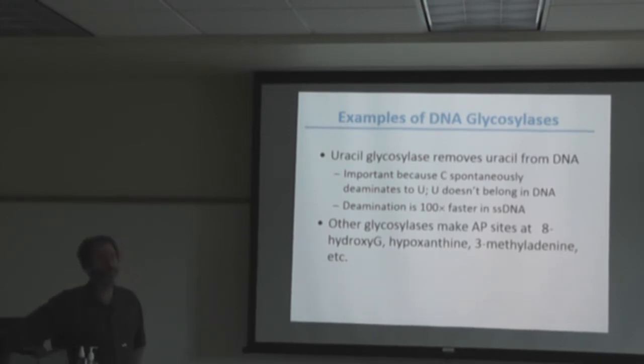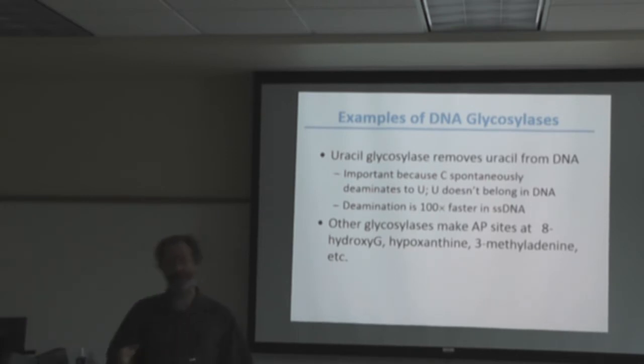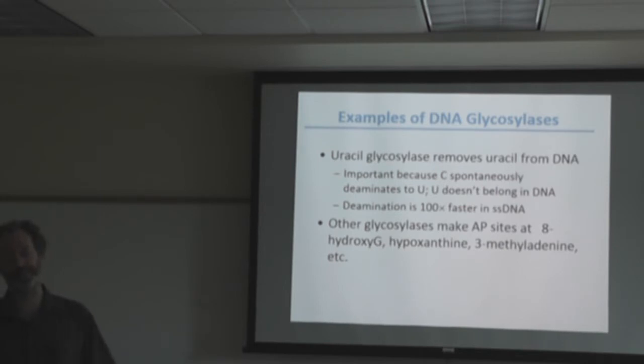It removes uracil from DNA. So what the heck is uracil doing in DNA? It's not added, because that would be chewed up by DNA pol I. There should never be uracil added, not even by mistake, I guess it could be by mistake, into the DNA.